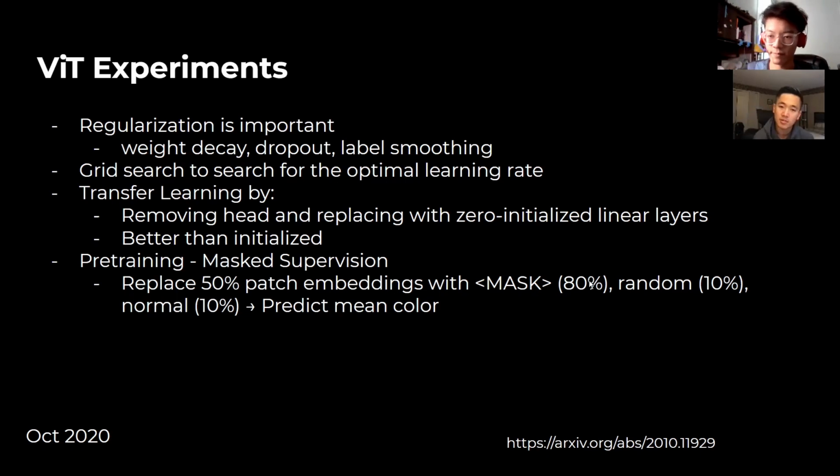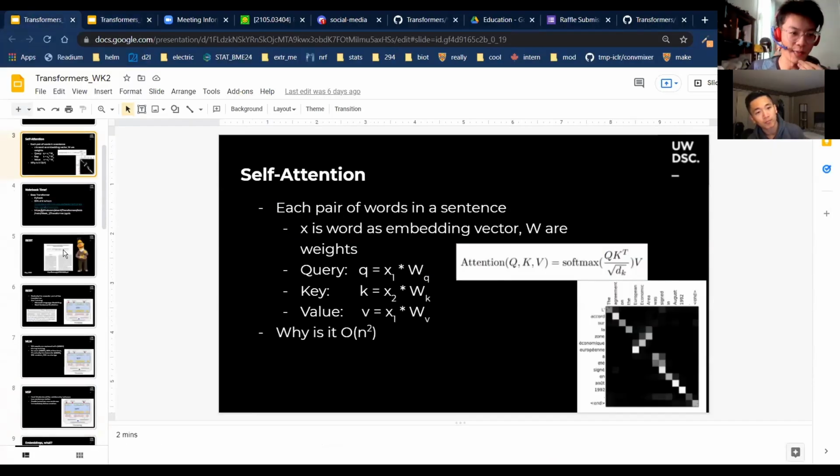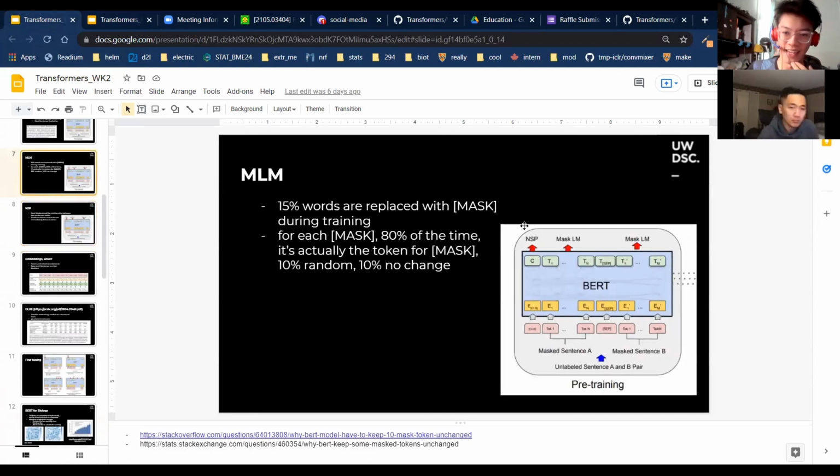So does that mean it's effectively making the model have a better contextual awareness of what the image represents? That's exactly right. It searches around the image, around that missing patch, and decides what that patch should be. And this is pretty similar to what BERT does in MLM.